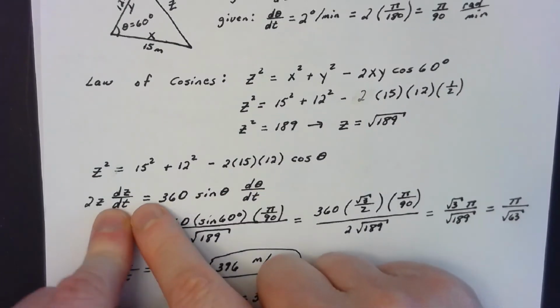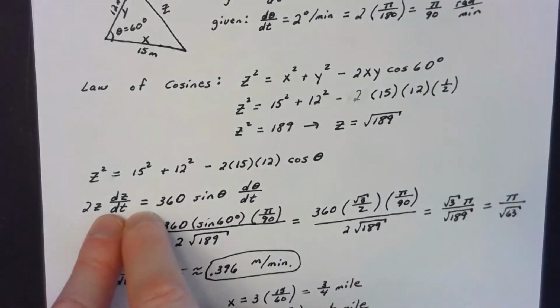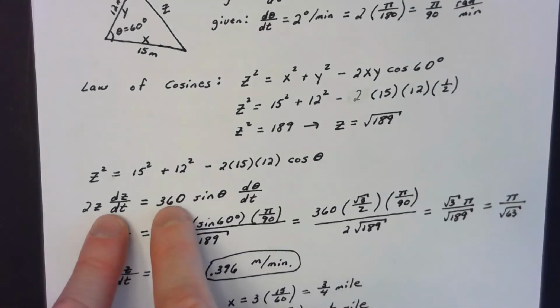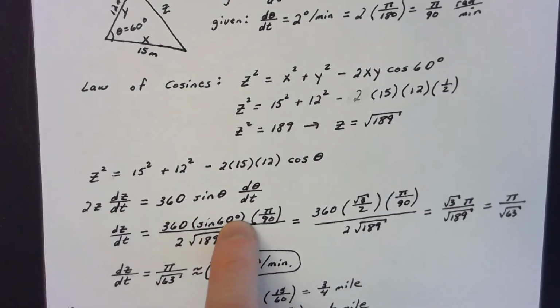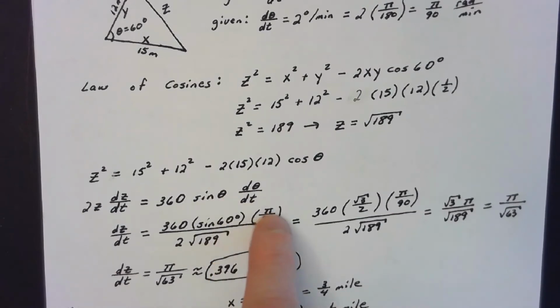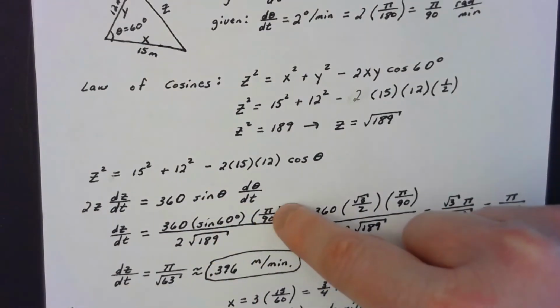So now my goal is to solve for dz dt. dz dt is going to equal my 360 sine theta d theta dt. You'll notice I said 360. Once I've taken the derivative, I can plug things in. The angle of interest is 60 degrees. D theta dt, you cannot put 2 degrees there.